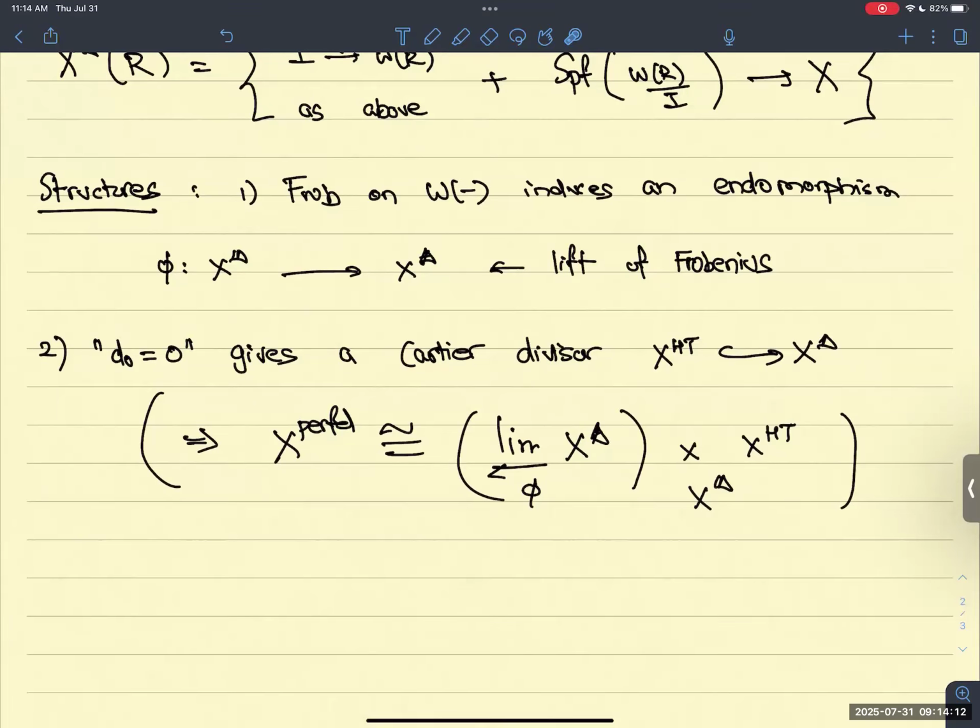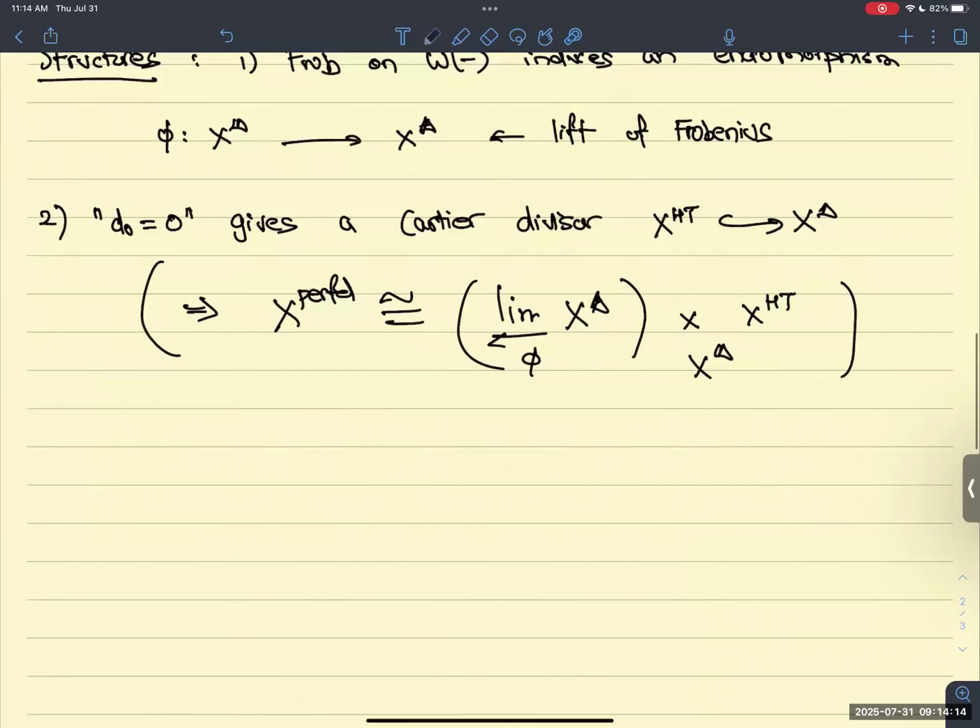Okay, so let's do some examples. So let me first try to describe the Hodge-Tate stack of Z_p itself. So what does Spuf Z_p Hodge-Tate look like? And this is actually not that hard. The Hodge-Tate locus was by definition the locus where the first coordinate was 0.